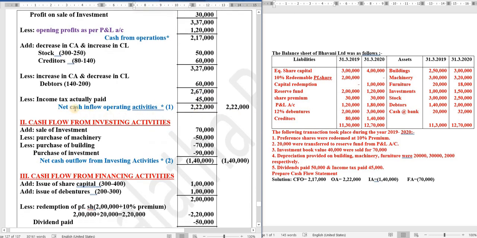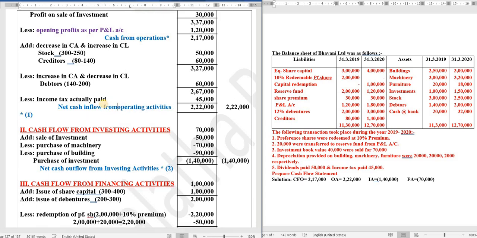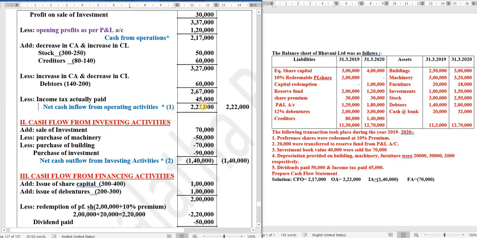With this, you will be getting cash. As we are getting a positive figure of 2,22,000, it is net cash inflow from operating activities. So this is how we get cash inflow from operating activities, and we name it as 1. That is 2,22,000. Same answer we got.